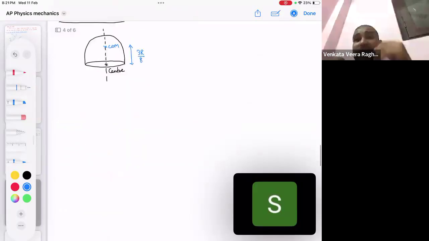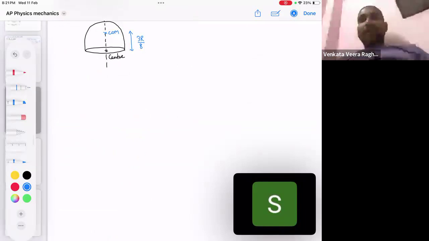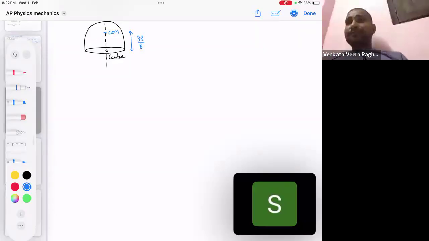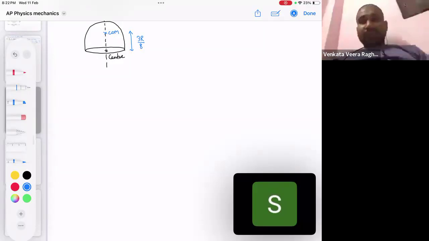Just calculate it once, so that if I take an example of non-uniform, you will be able to answer that. Or for the semicircular disk, we know how it comes. If we understand the process, then for non-uniform distribution also we will be able to calculate. Okay, so chaliye, let's calculate this one.